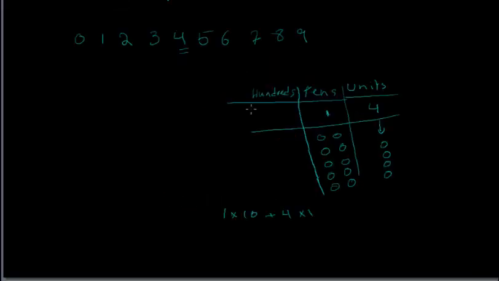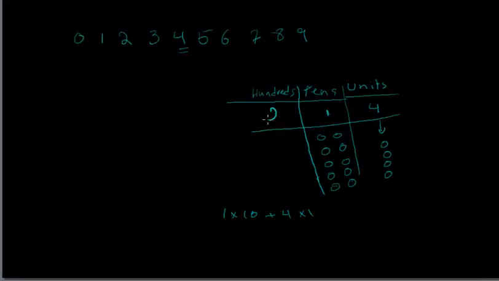Imagine a column of 200 spheres. We can't draw 200 spheres, so just imagine them there with these lines. We know we have 2 hundreds, 1 ten, 4 ones.